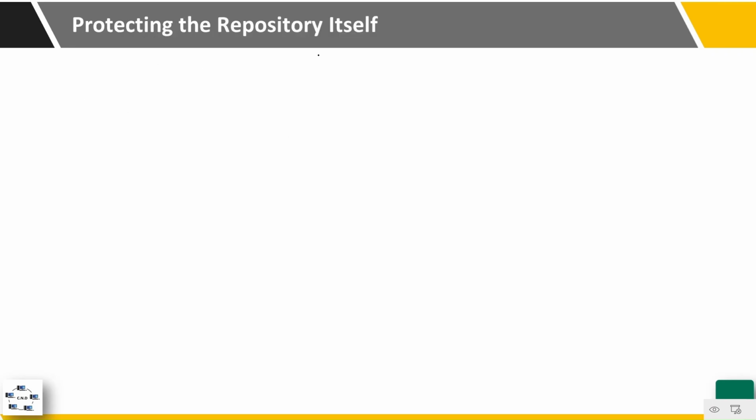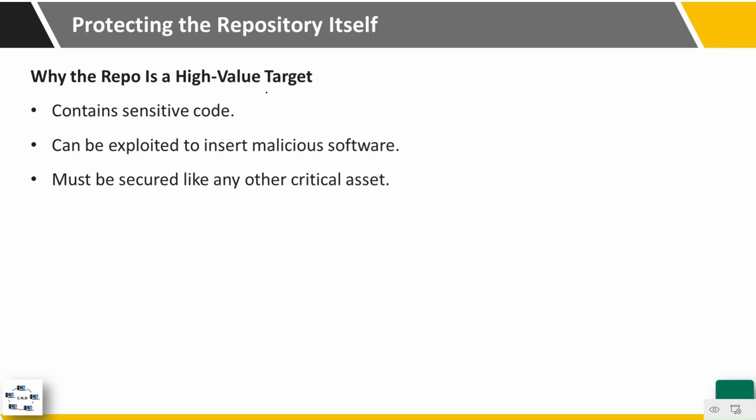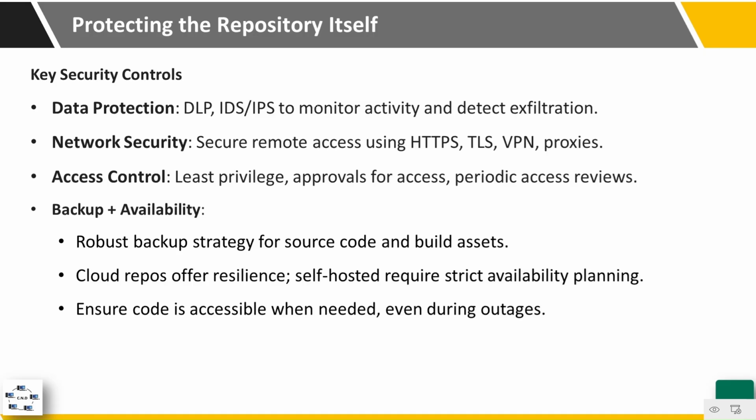So, protecting the repository itself. Why is a repo a high value target? It is because repos contain highly sensitive data and can be exploited to insert malicious software. Therefore, it must be secured like any other critical asset inside the organization.